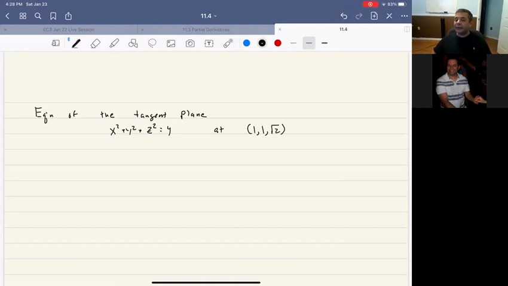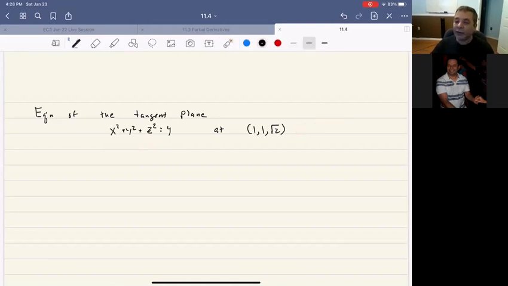Okay, so first thing, we're going to have to check that this is actually a point on the surface, right? So we plug 1, 1, square root of 2 in. We get 1 plus 1 plus 2. So we're going to get 4 on the left side, 4 on the right-hand side. Check.